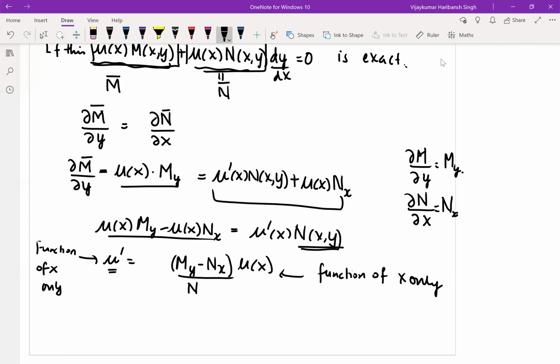This means that (My minus Nx) divided by N must be a function of only x in order to have this system work. What system work? That there is an integrating factor of the form mu(x). Now the same argument can be repeated with a function of y as well. So this is a necessary condition.